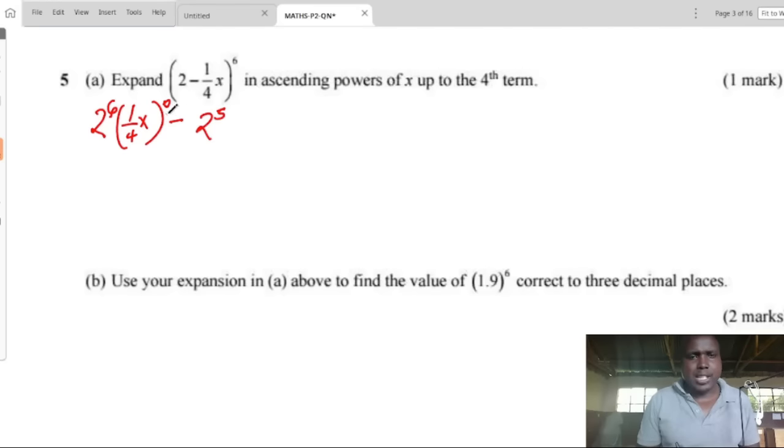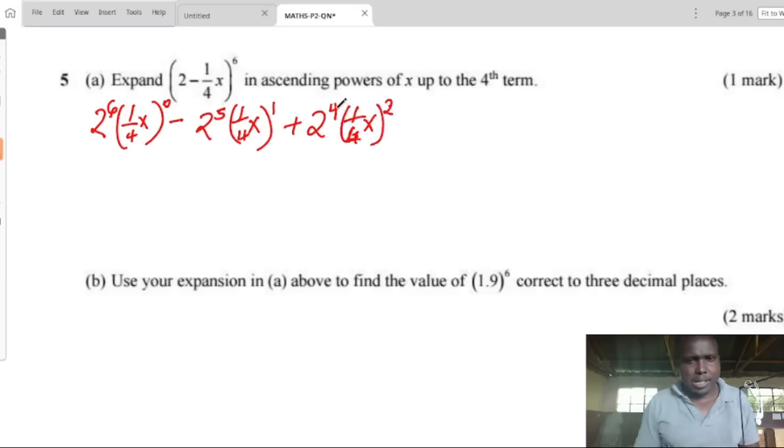But if it were addition, it would be addition to the end, no issue. So 1 over 4x raised to power 1. You see the first term, the power decreases 6, 5, and the second one increases 0, 1. Plus 2 raised to power 4, 1 over 4x raised to power 2.